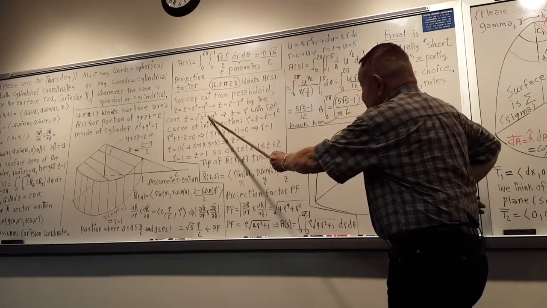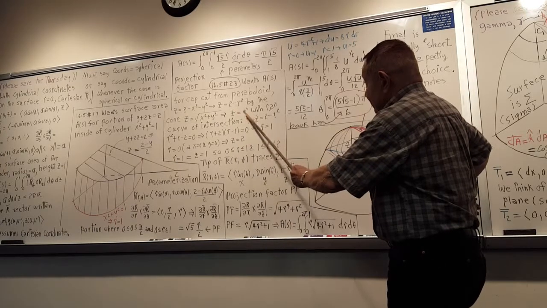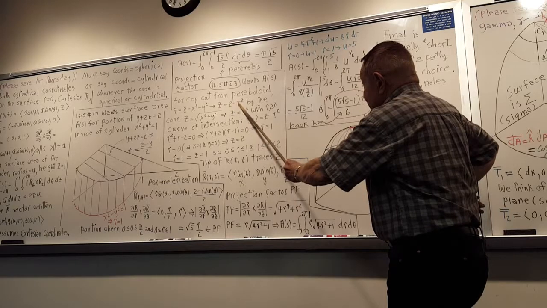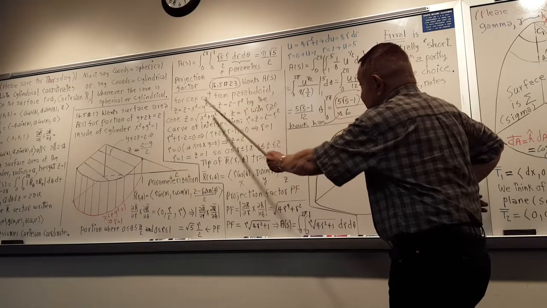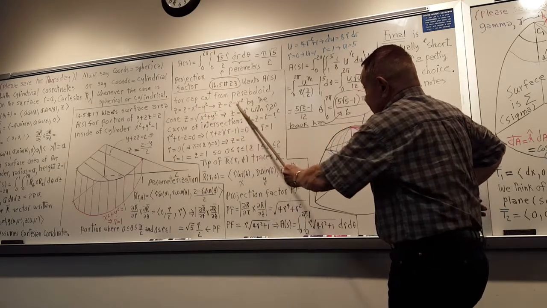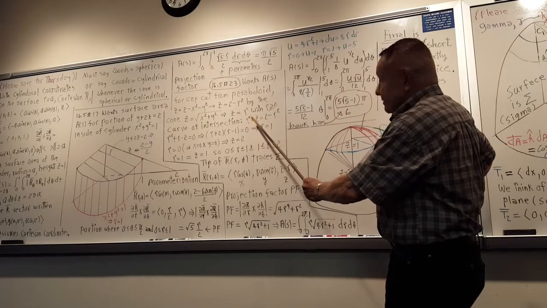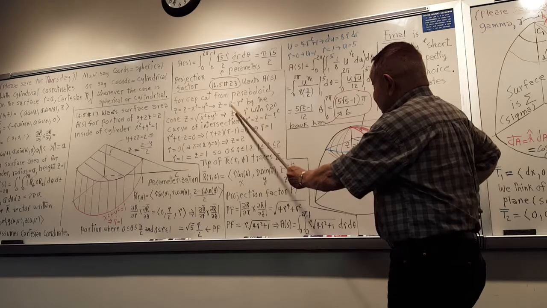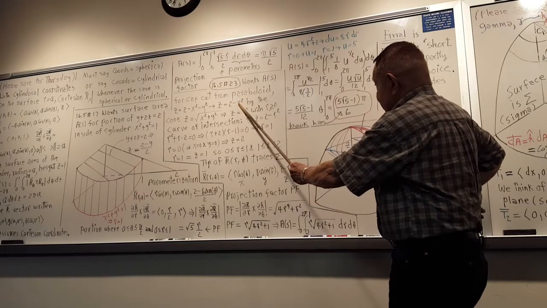Okay, so that's z equals r, and this is z equals 2 minus r squared, because x squared plus y squared is r squared. So you set them equal. r equals z equals 2 minus r squared.